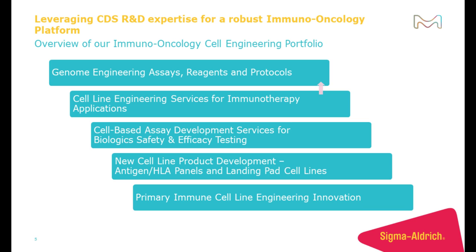Many of these become available through our Cell Design Studio well before they can be purchased by external researchers, meaning we provide immediate access to the most state-of-the-art tools via our service offering. Our cell line engineering services make these tools accessible by helping you design your research projects and choose the right tools for the right job. And as I mentioned, we provide full service cell line development across the entire development pipeline.